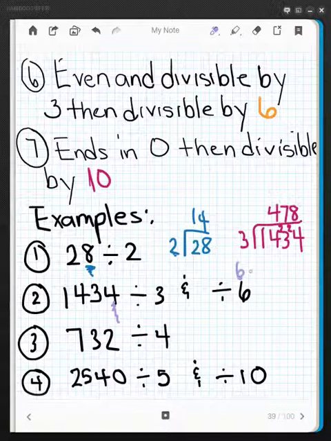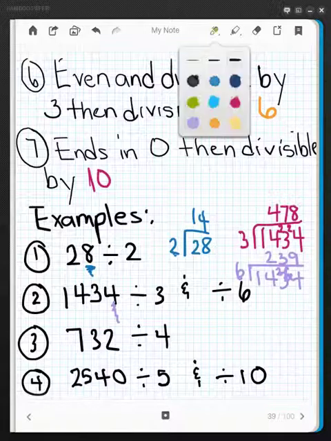So it not only should be divisible by 3, but because it's an even number divisible by 3, it should also be divisible by 6. 6 will go into 14 2 times with 2 left over. 6 will go into 23 3 times with 5 left over, and 6 will go into 54 9 times. And you see it is indeed divisible by 6 as well as 3.